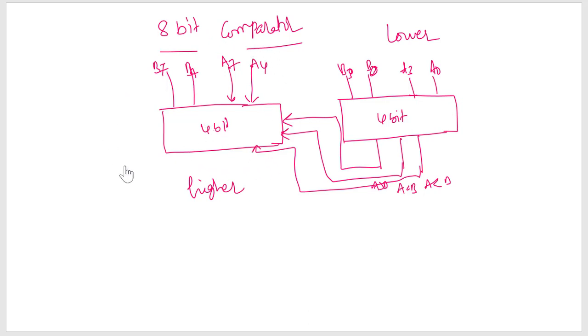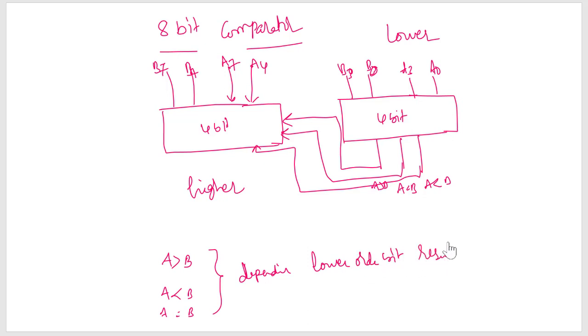Now your higher order bit comparator will decide whether A greater than B, A less than B, or A equals to B, depending not only on the higher order bit result, but also on the lower order bit results.